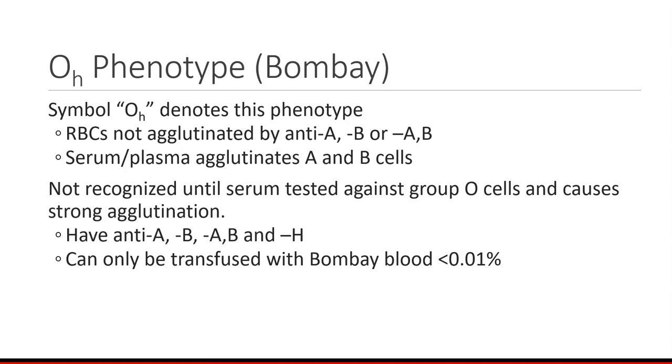They have anti-A, anti-B, anti-A,B, which reacts with both A and or B cells, and anti-H. They can only be transfused with Bombay blood, and statistically less than 0.01% of the population lacks the big H antigen.